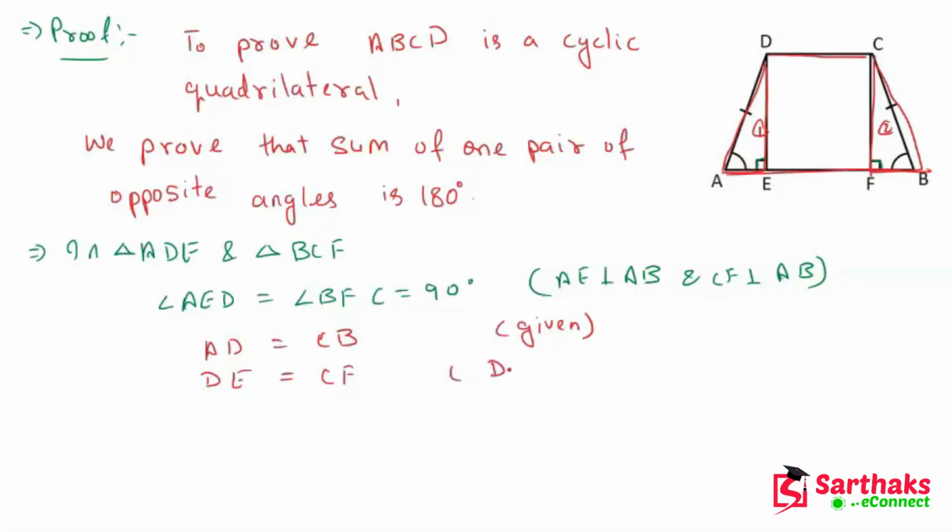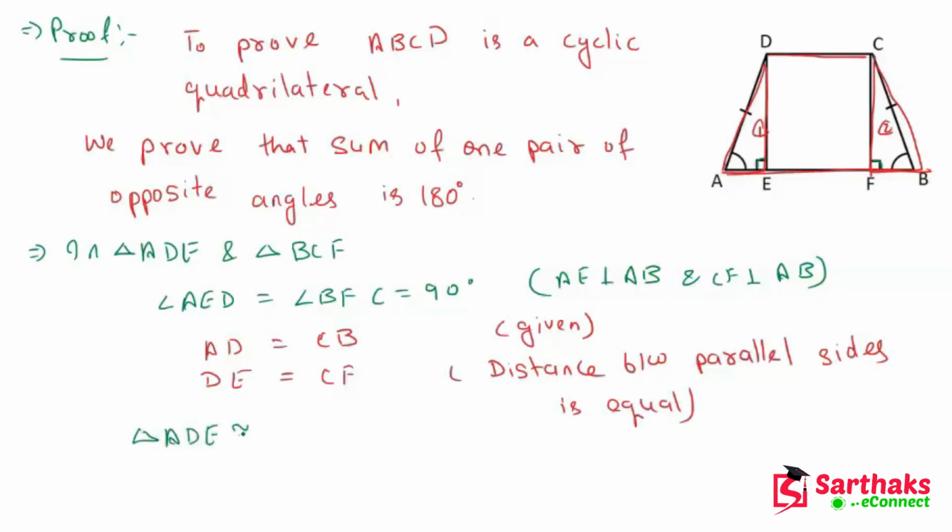So we can write, distance between parallel sides is equal. So we can say triangle ADE is congruent to triangle BCF by what? By the RHS rule, meaning one right angle, one hypotenuse and one side. So we can say that these two triangles are congruent by the RHS rule.